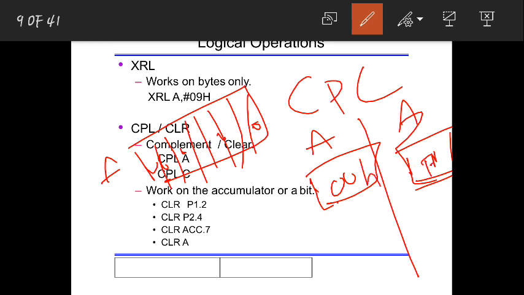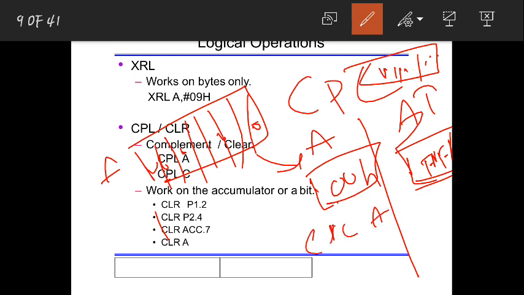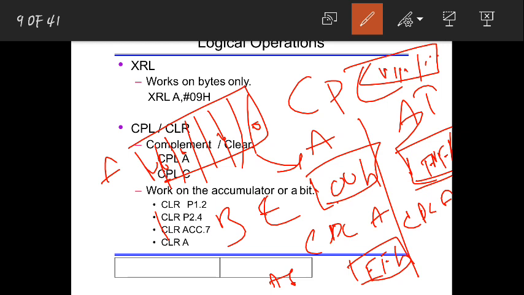In this case, if I write FFH, all will be ones, all 8 bits of this A register. So whenever I write CPL A, it was 00H before execution. Now after execution it will become FFH. Wherever you have 0, it will complement with 1.